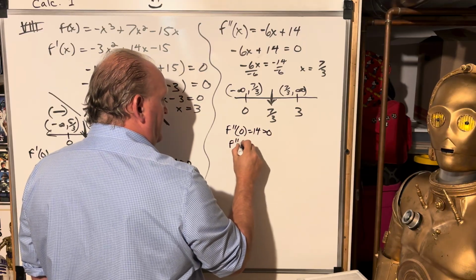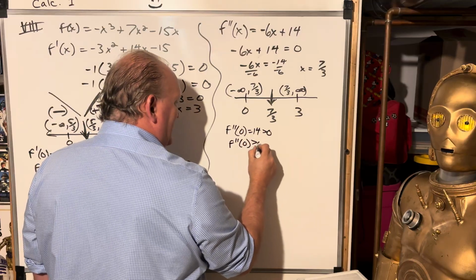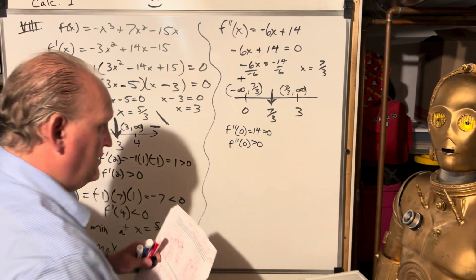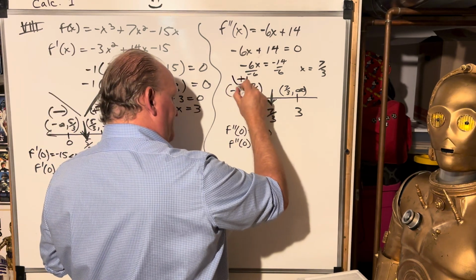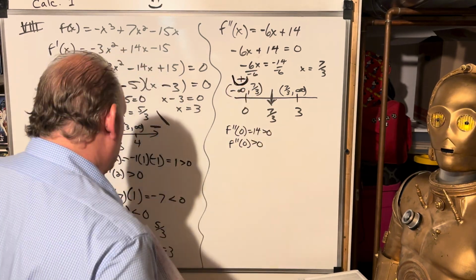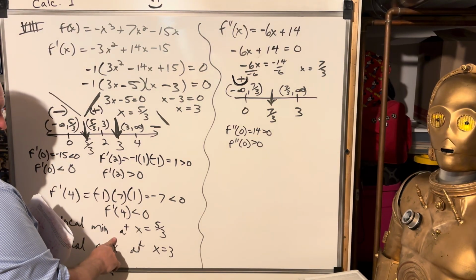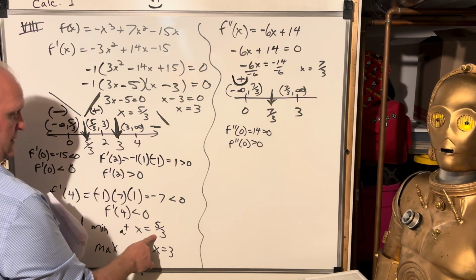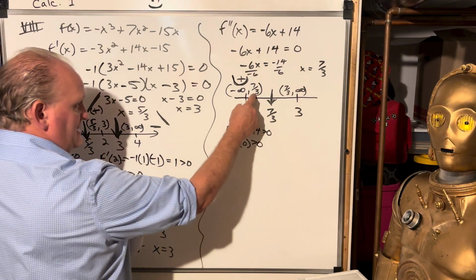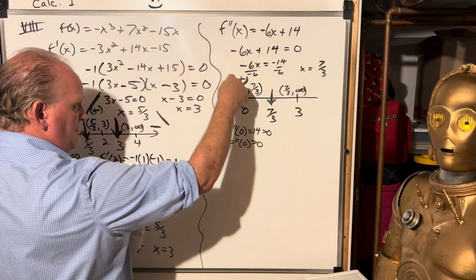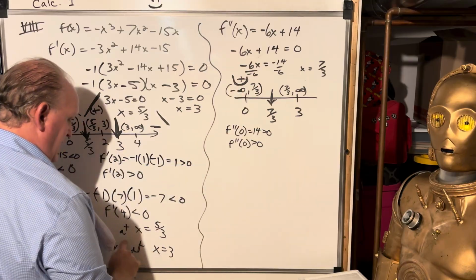So f double prime of 0 is positive. A positive value means concave up, which confirms that this is a min. 1 2/3 is a min, because 1 2/3 falls into this category. That goes to 2 1/3.